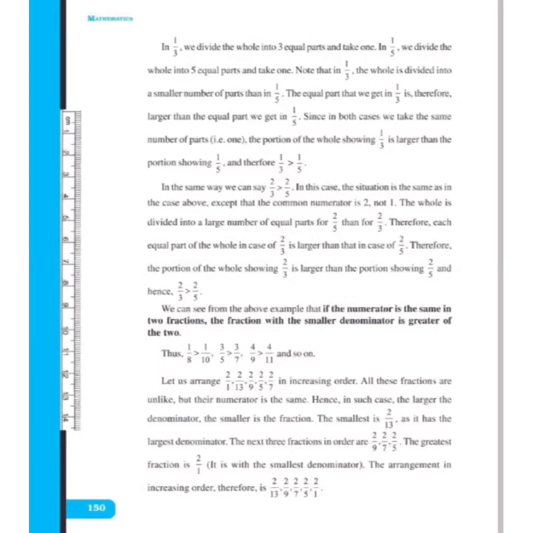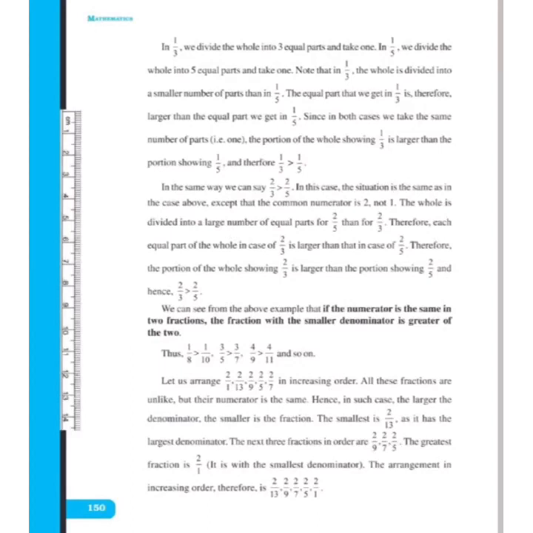Now, children, the fraction with denominator 9 is greater than 2 by 13. So, we will write 2 by 9. Then 2 by 7 is greater than 2 by 9. Then 2 by 5 is greater than 2 by 7. And the greatest fraction among all these fractions is 2 by 1.